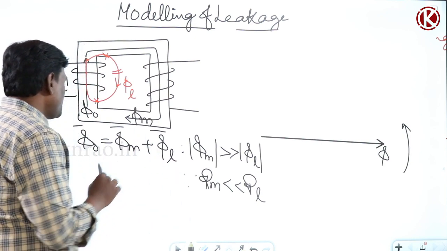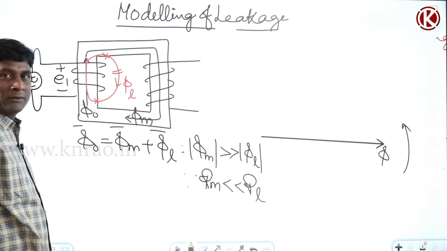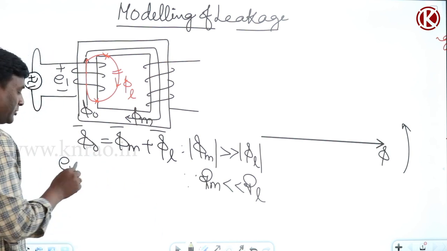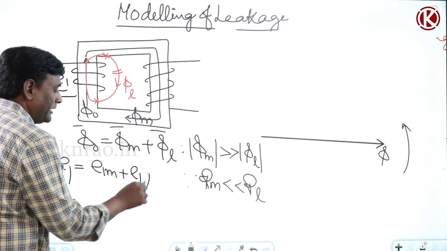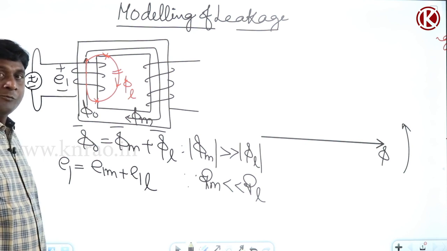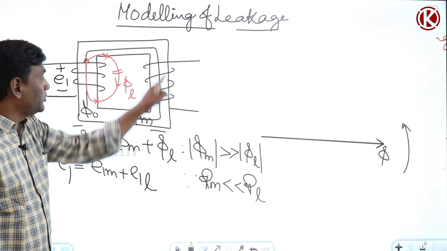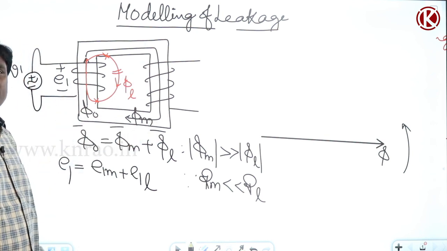Now what about my total induced voltage in the primary, E1? My E1 magnitude should be equal to E1M plus E1L. Why? Because my total induced voltage will be because of mutual flux, so induced voltage will be there in the primary, and because of leakage flux also induced voltage will be there in the primary.